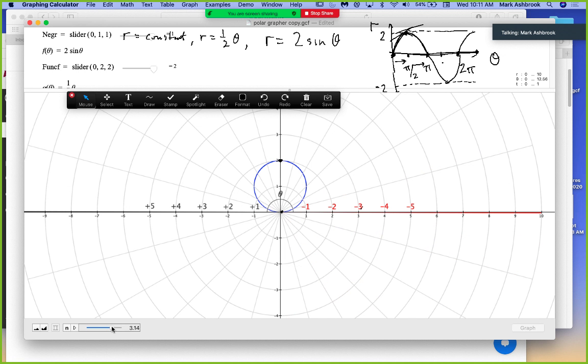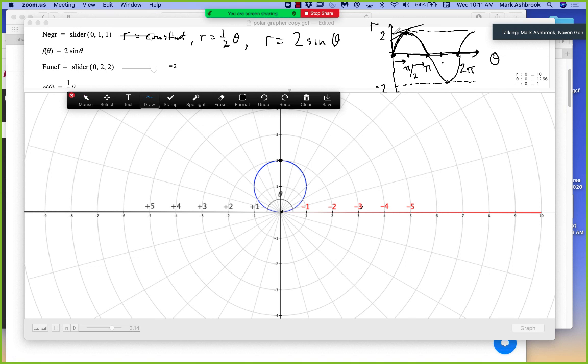Okay, so what about now? As we go from pi to 3 pi over 2, what does r do? It decreases from 0 to negative 2. Imagine theta is turning through here.